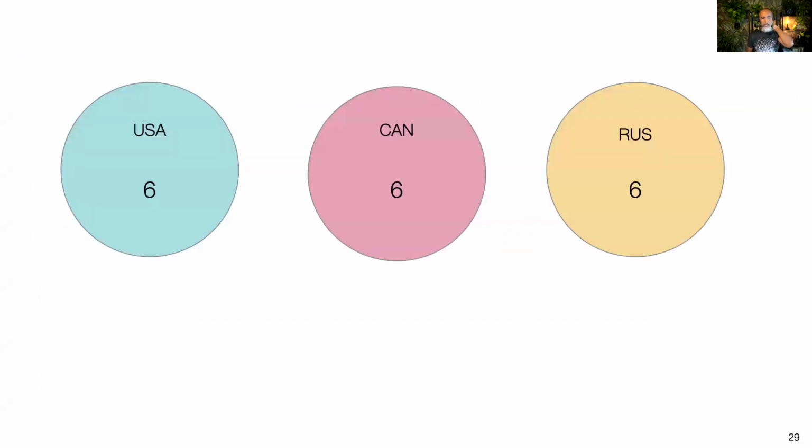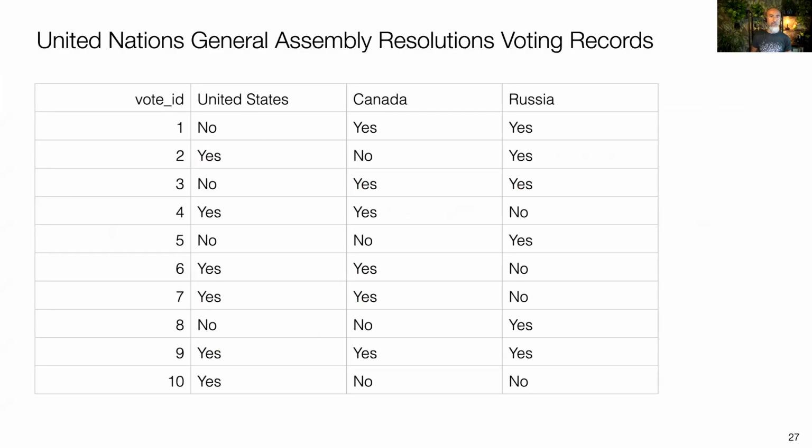So, to get to a more detailed explanation, I'm going to use the United Nations General Assembly's resolutions voting record, as sample data. We have 3 countries, United States, Canada, and Russia, and we want to know the ratio of how often the United States and Canada vote the same way, like Canada and Russia or United States and Russia.